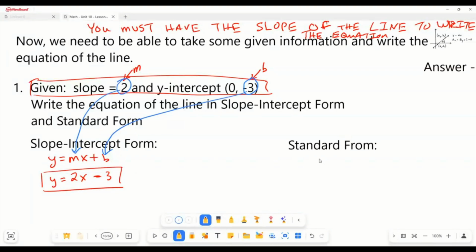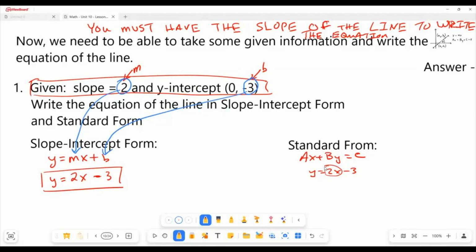Now we have to take this and put it in standard form. Standard form is ax plus by equals c. The 2x is on the other side of the equal sign. It's got to be over here with the y. So I'm going to start with y equals 2x minus 3.